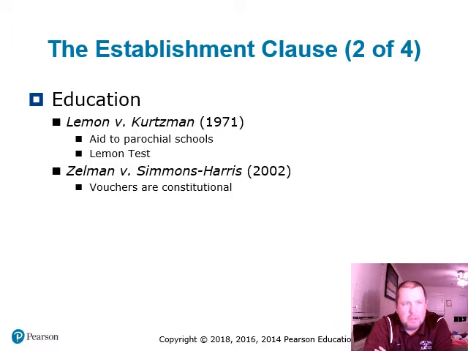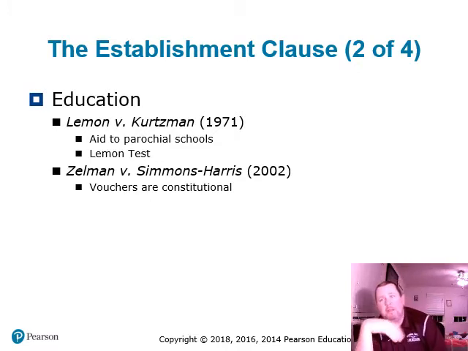Kurtzman, I don't think it's one of your required cases. I don't know. I don't have the list in front of me. If it's not one of your required cases, it's actually a shame. Lemon v. Kurtzman is an incredibly important case. It does establish the Lemon test. And essentially what Lemon v. Kurtzman does is it's a three-pronged approach, right?